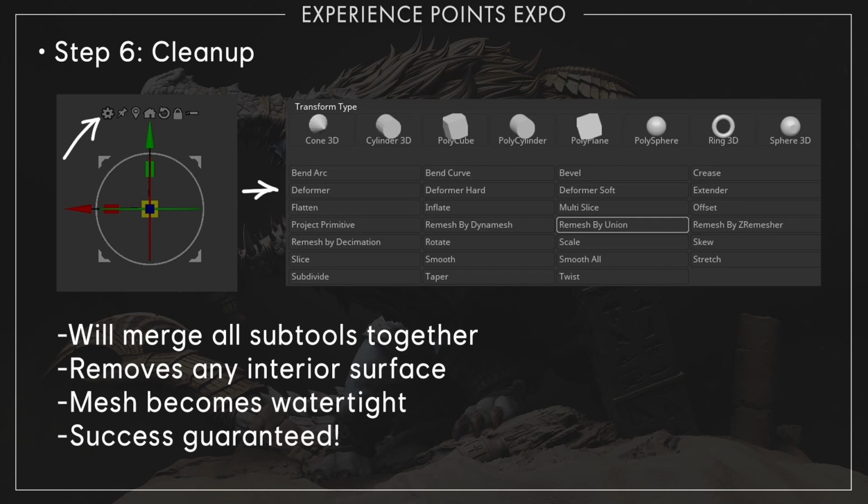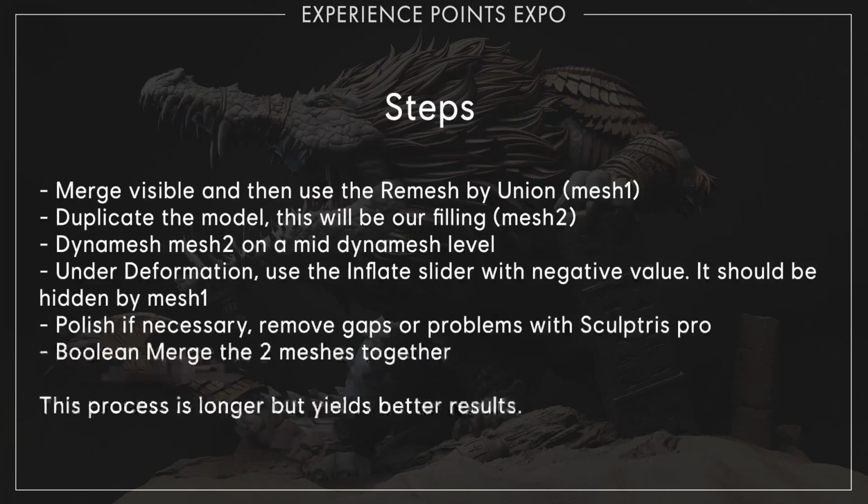So basically the Chad Remesh by Union compared to, I won't say it like Dynamesh. It merges everything together, it removes everything inside, and the mesh becomes watertight, and then everybody loves you, you're successful in life, and yeah, whatever.